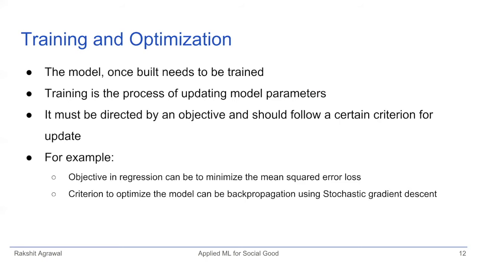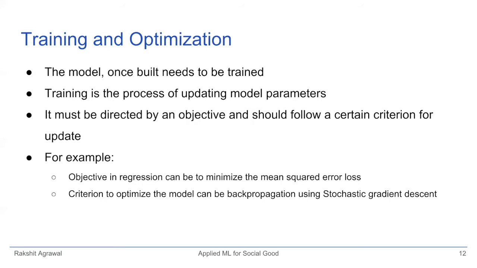I don't know if I gave the example last time, but if you have a quadratic equation, ax squared plus bx plus c, a, b, and c are the parameters, right? If you know the equation, you know what a, b, and c are. When you are learning that, you want to reach close to your correct a, b, and c, right? How will you do that? You will follow some process to train your model to ultimately reach it.